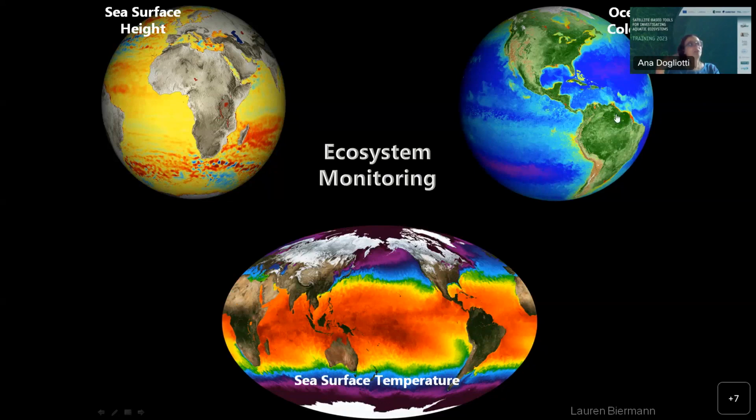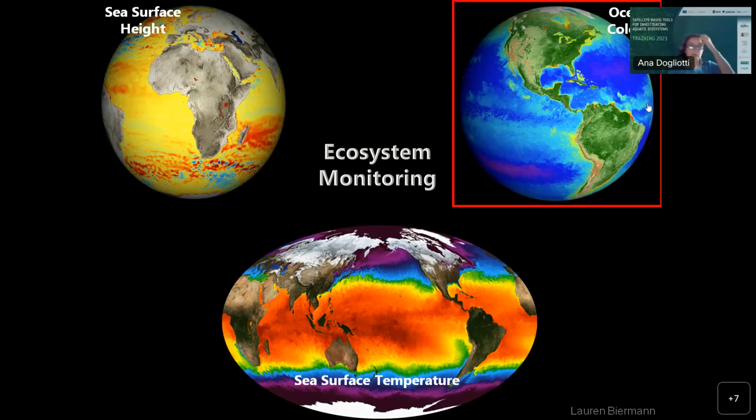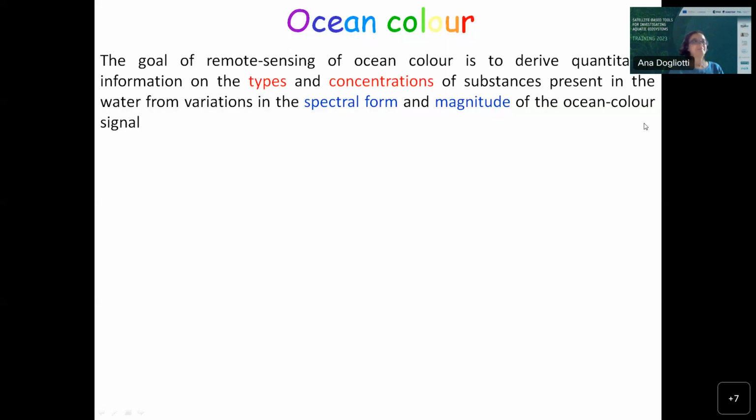And she mentioned sea surface height, sea surface temperature, and ocean color. So in this lecture today, I will focus on the fundamentals and optics related to ocean color. I will try to go from the basics to the more complicated things.